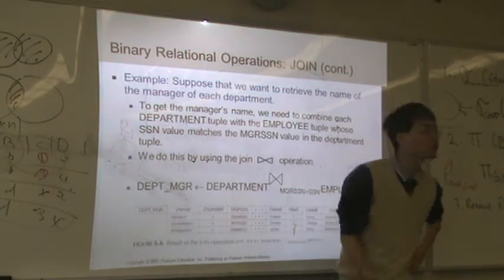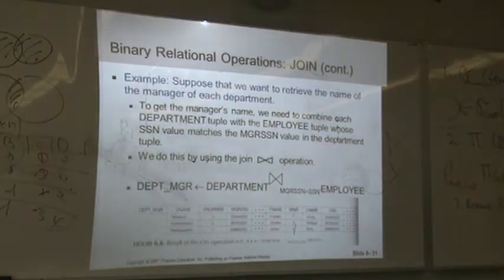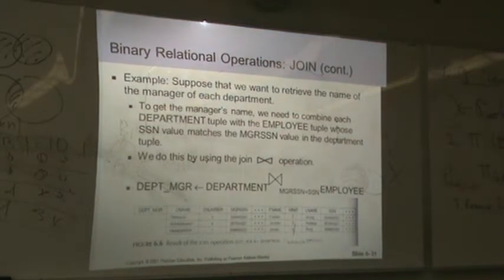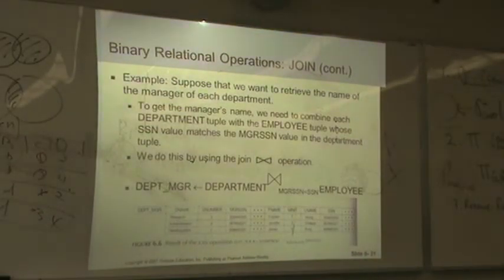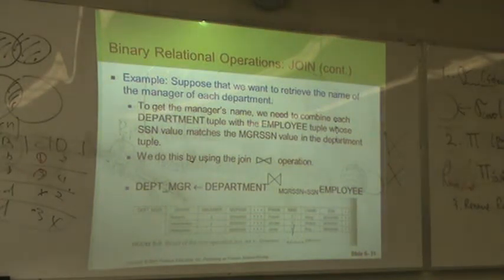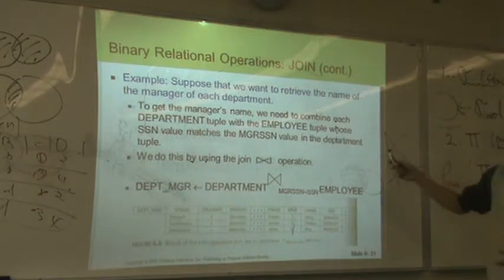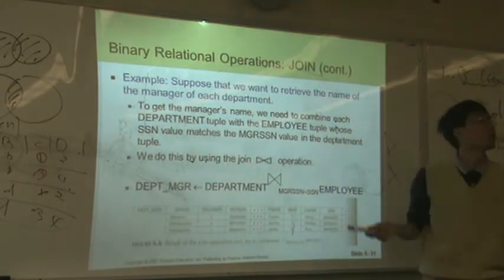What about the department relation? Department provides manager information, manager SSN. However, it does not have name information. If you are not sure, why don't you take a look at your handout. Okay? It has the sample data.